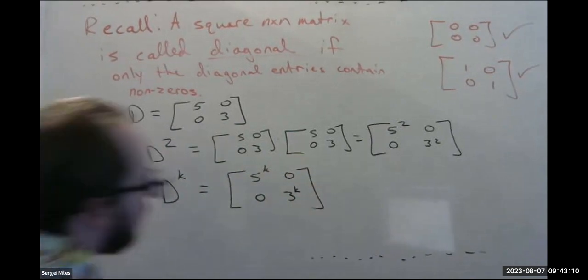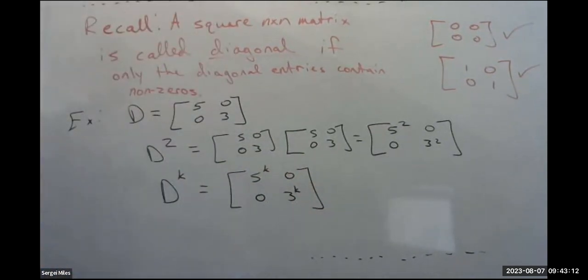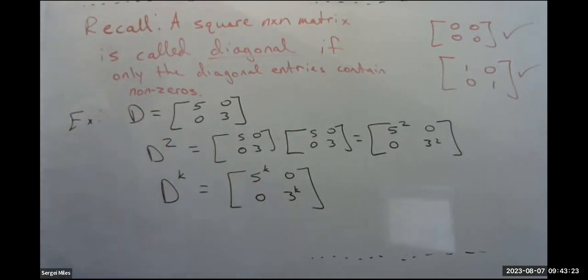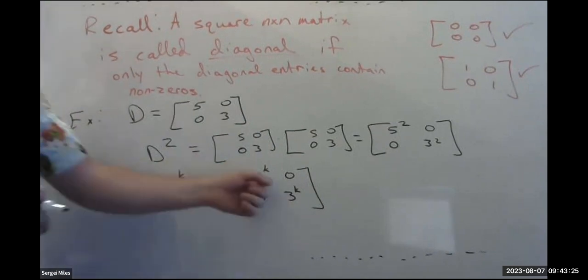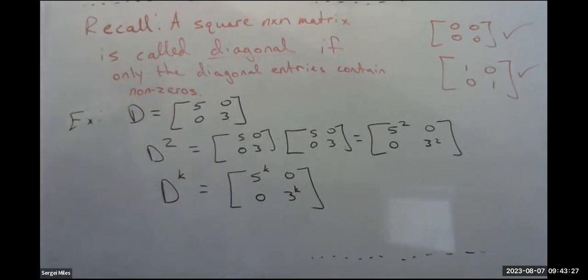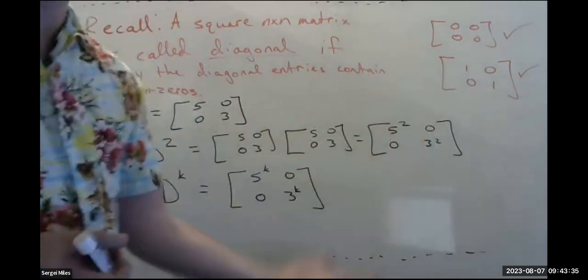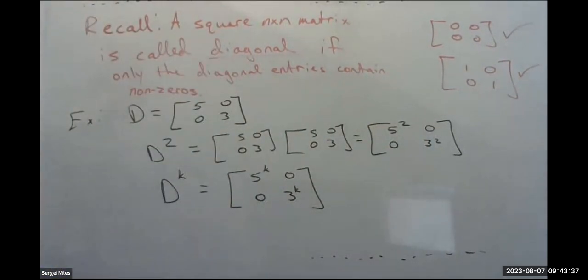So if you're trying to calculate what this matrix raised to the 600,000 power is, you can just raise these numbers to the 600,000 power. Now, sure, raising a real number to a really high power can sometimes take a little bit. But that's going to be much faster than multiplying this matrix with the dot product over and over again 100,000 times, right?